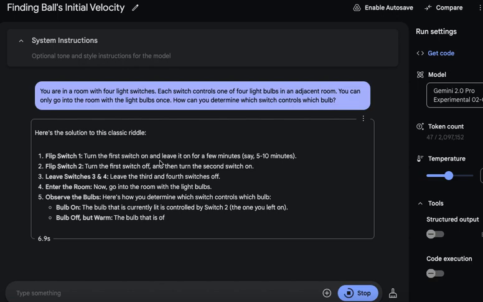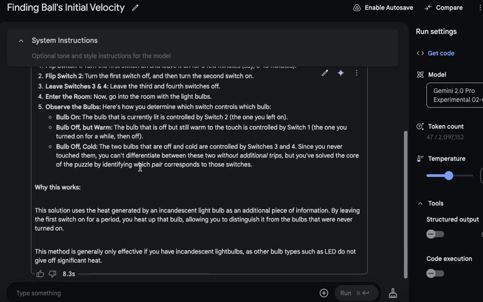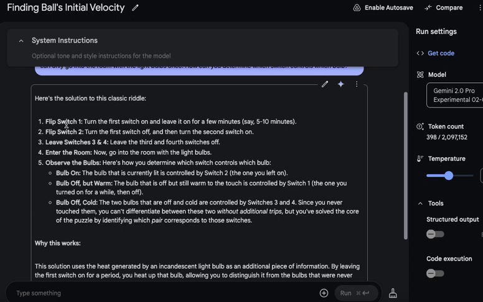After a few seconds, it's presenting the answer. Let's see. Switch one on, then turn the first off and turn on the second one. Switches 3 and 4 are off.